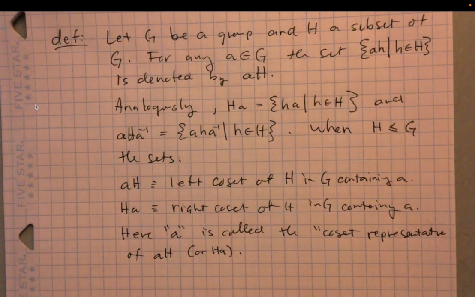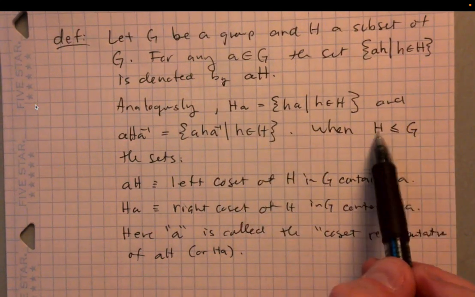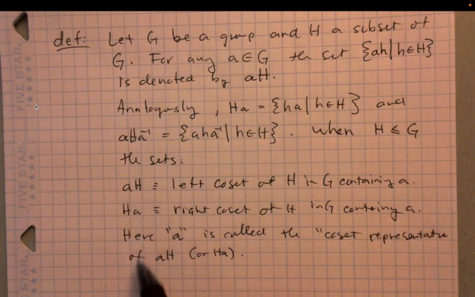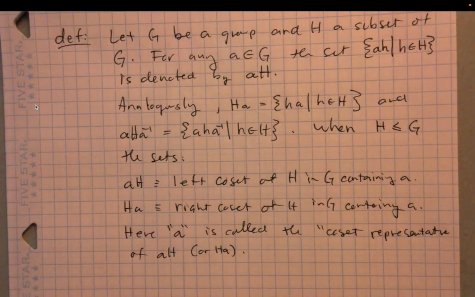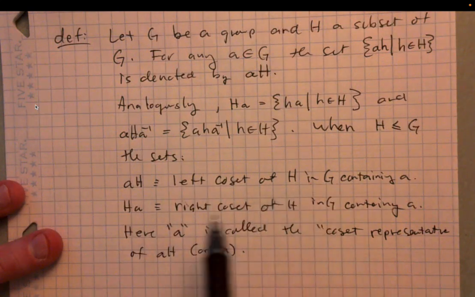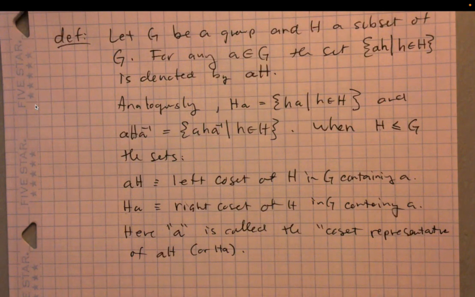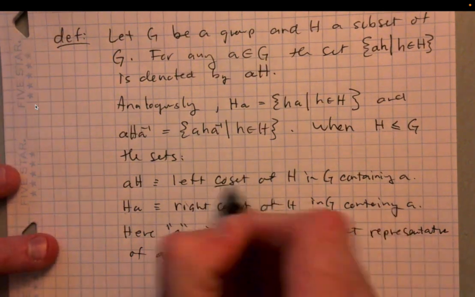So this is what we mean by a coset. For any subset in a group G, you can define these sets. Now, when H is a subgroup of G, then A times H is going to be the left coset of H, and H times A is going to be the right coset of H. This is the idea of a coset.